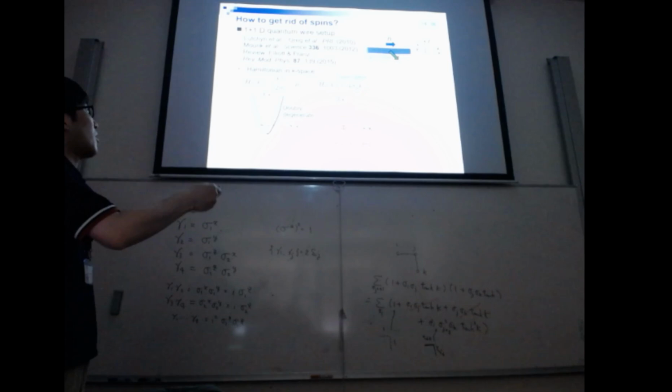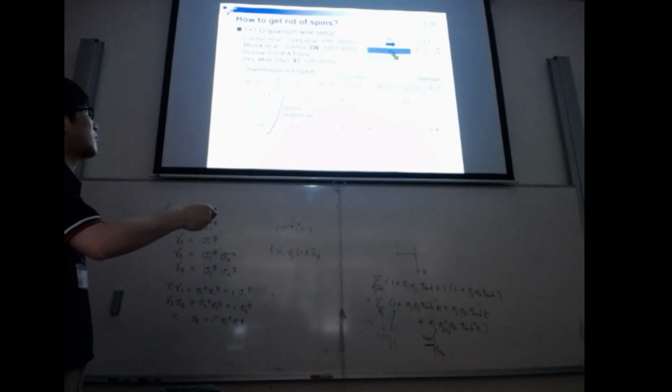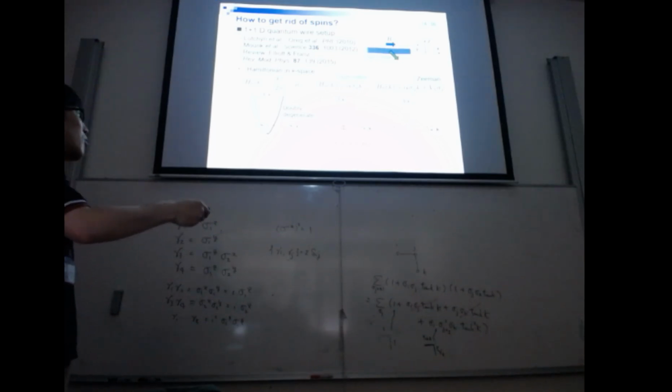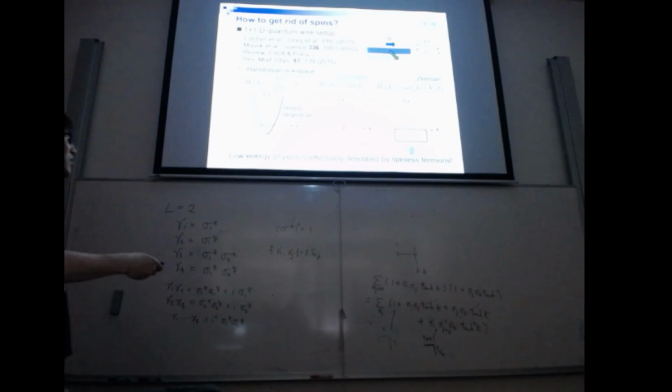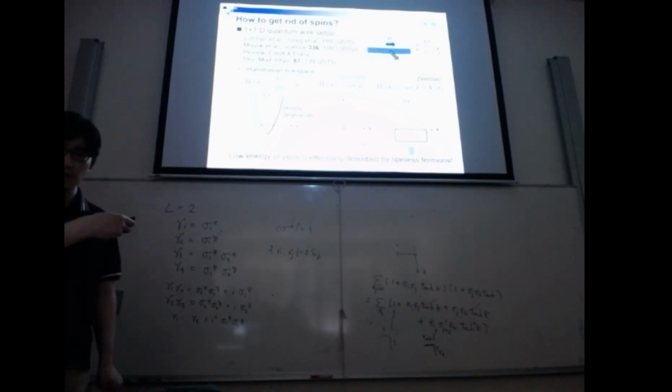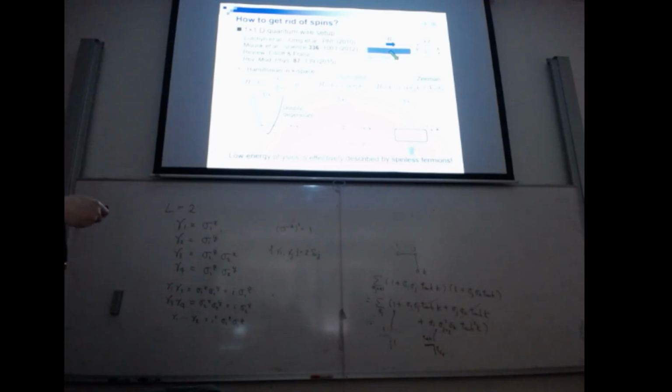And if you turn on this B, then you get this splitting, so you have upper and lower bands. And at low energy, you can just focus on these two Fermi points. At low energy, you can derive an effective Hamiltonian, which is essentially described by spinless fermions. And this way, you can justify the use of spinless fermions in this kind of system.